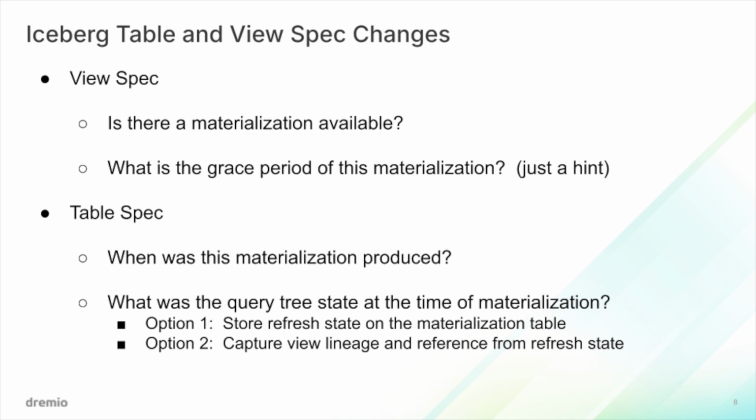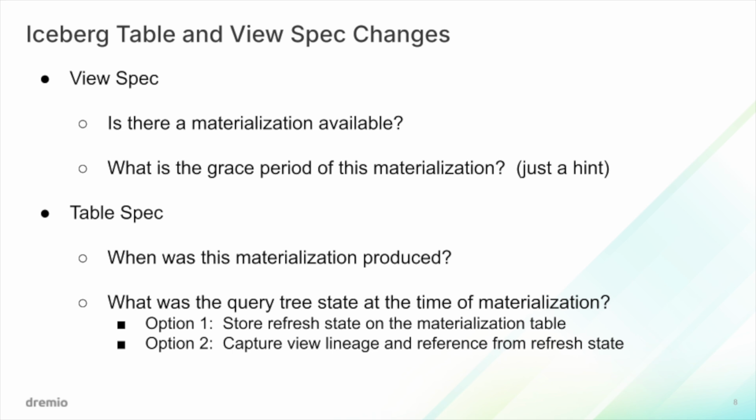And there are obviously a lot of benefits of having this besides just for the materialized view specification, right? Once you have this lineage in the views, then the materialization table can reference that lineage and associate it to the actual snapshot IDs and view version IDs. So this is one area where it's still being discussed, right?